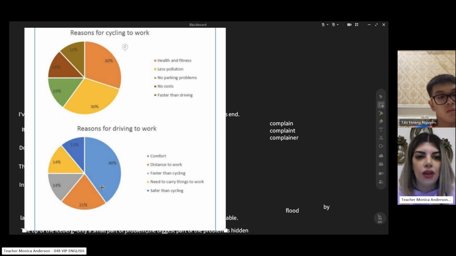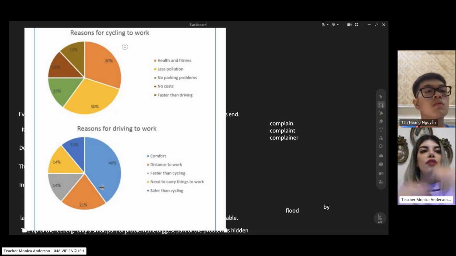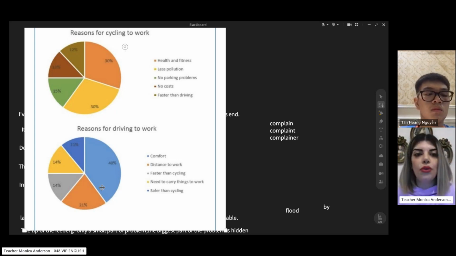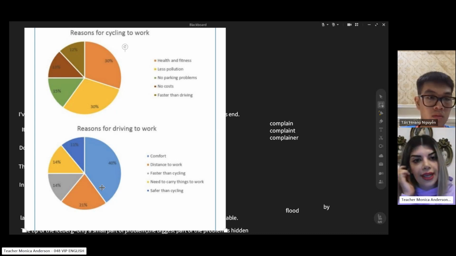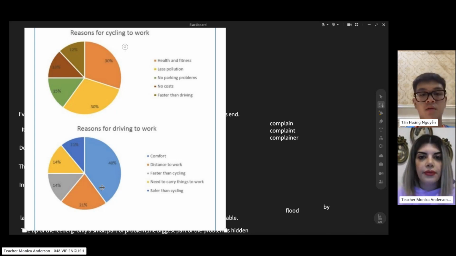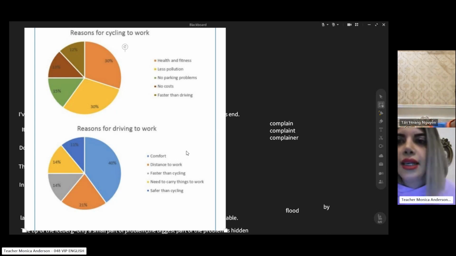So this is a combination of these two. Then you can separate them. In your main body, of course, you separate them. You have one paragraph related to your pie chart, and another paragraph to discuss your bar chart. Get it? Yeah. Okay, good.